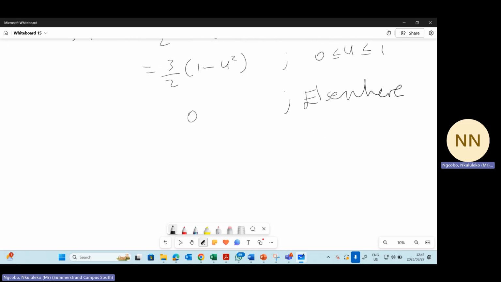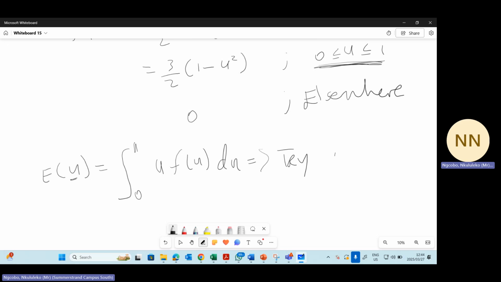Now, you're also being asked to find the expectation of u, right? So the integral of u starts from 0 to 1, u times f of u du, by definition, right? So try this out.